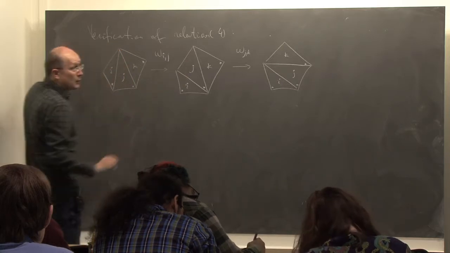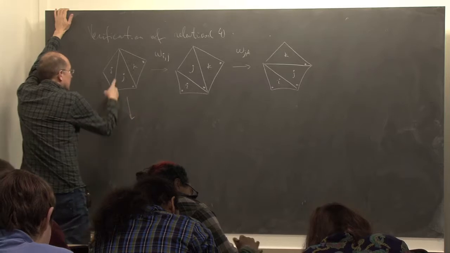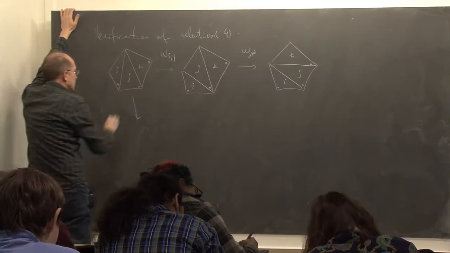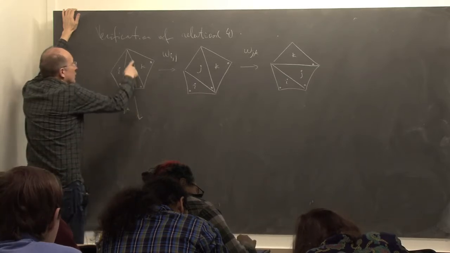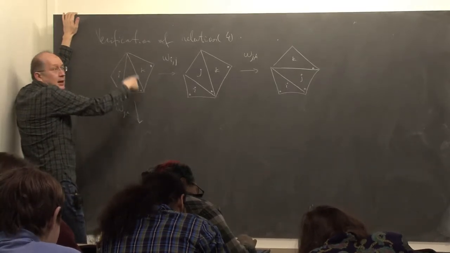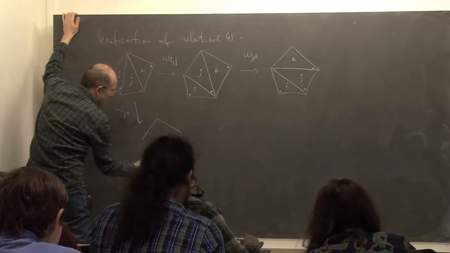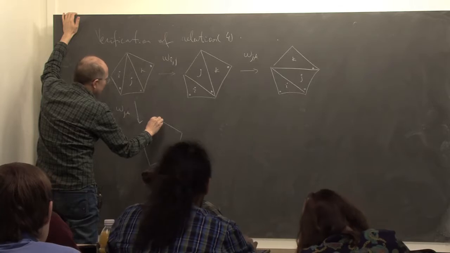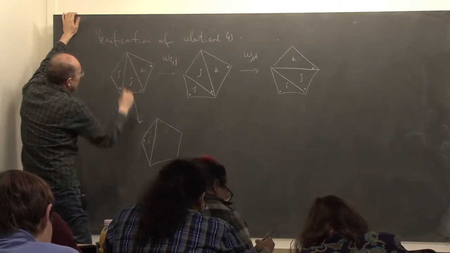And now we follow the right-hand side. So we start from the same initial pentagon. So we put label omega jk, and this time we deal with that diagonal. So I copy the pentagon. I keep intact the I triangle and rotate the diagonal here.